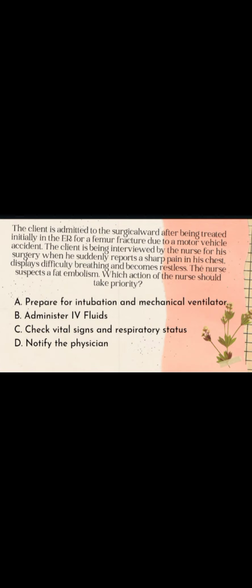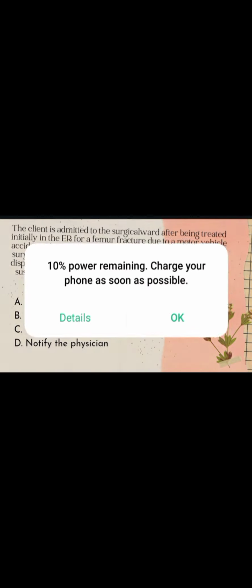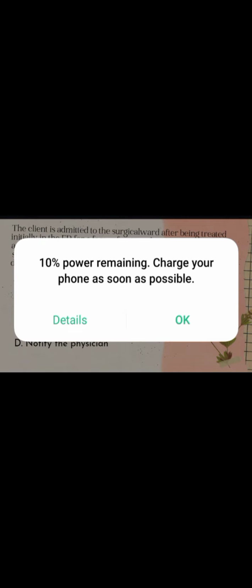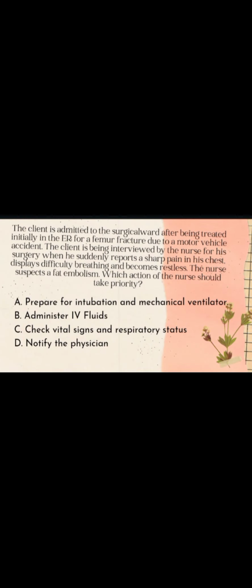Choice A is incorrect because the client may eventually need intubation and mechanical ventilation depending on the respiratory and neurological condition. However, this is not the initial action of the nurse. Choice B is incorrect because IV fluids may be necessary to prevent hypovolemic shock in the client, but these should be done after informing the physician.